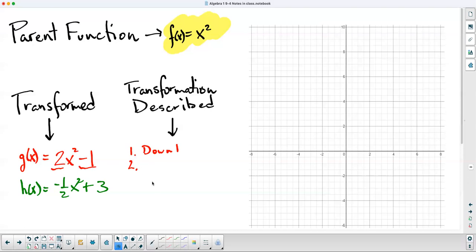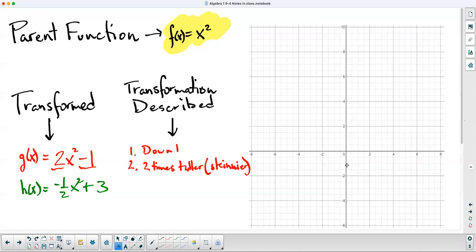Skinnier and higher. It's going to be taller, twice as tall. Yeah, 2 times taller, or you can say it's skinnier.